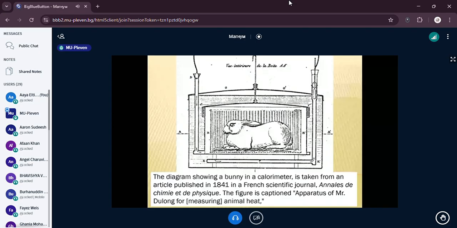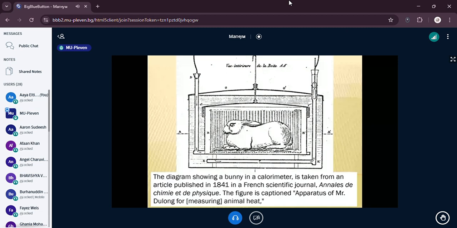So by and by, if you have read below, this picture was published so many years ago in a French scientific journal. So long ago, this validity was proven.